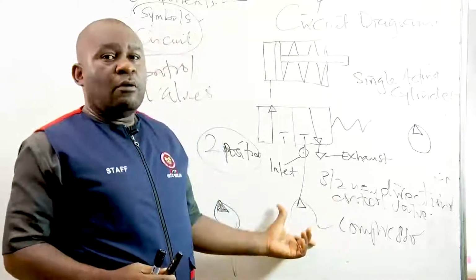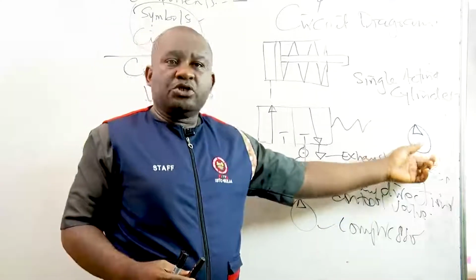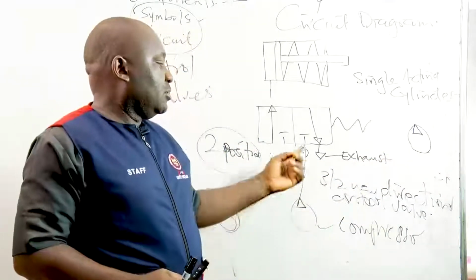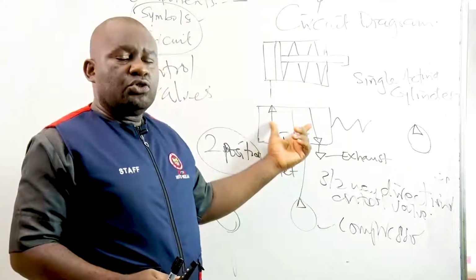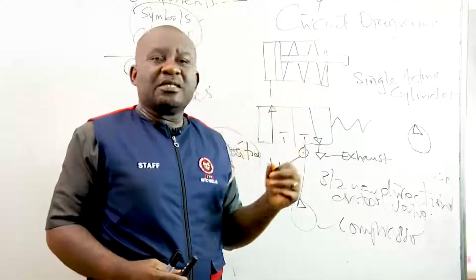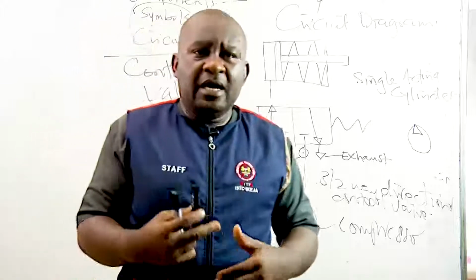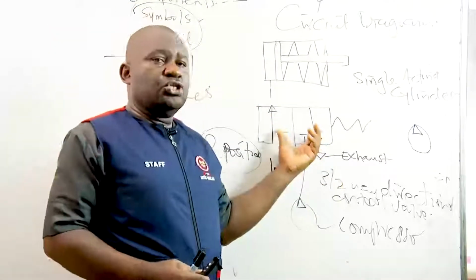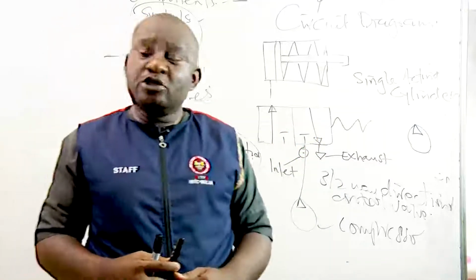But you must start with the compressor, and a simple compressor symbol is what we have here. Then you must join it to a 3 by 2 way directional control valve, and then it could be a single acting cylinder. And if you want to use a double acting cylinder, you may need to change this to a 5 by 2 way directional control valve.